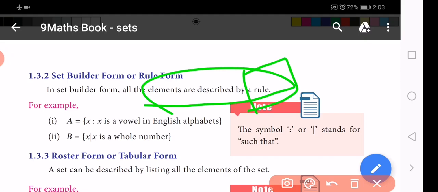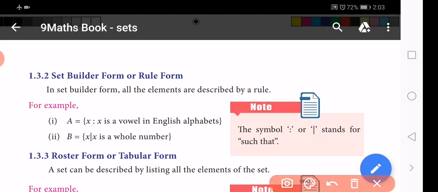For example, we give a set name A, set A is equal to, using braces. If we take all the elements in this form, we say x. How do we read it?